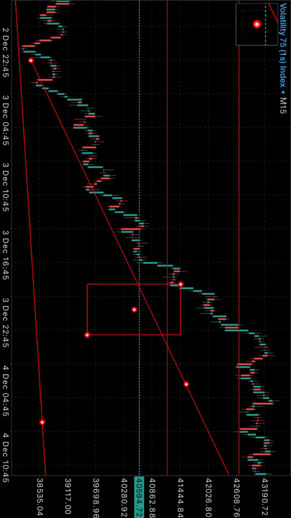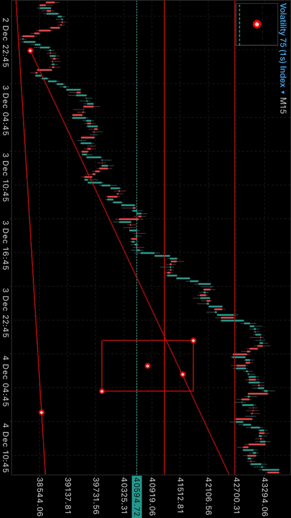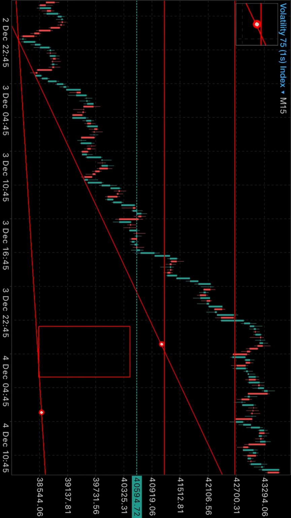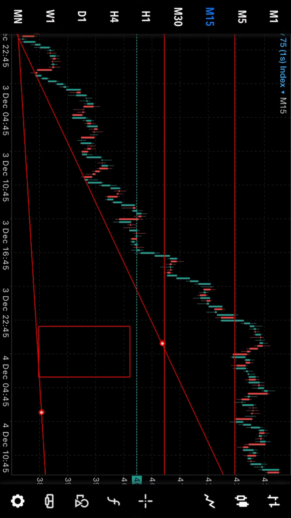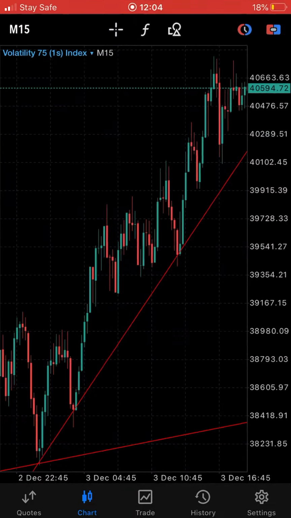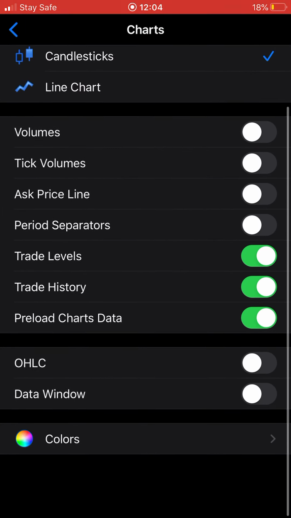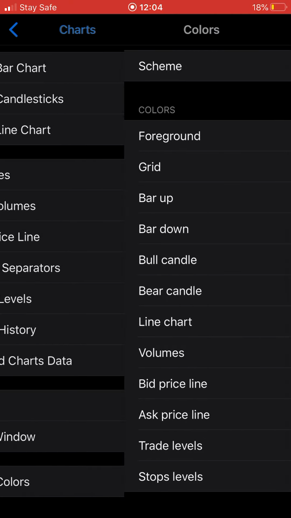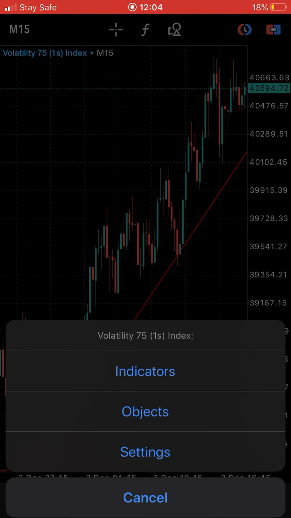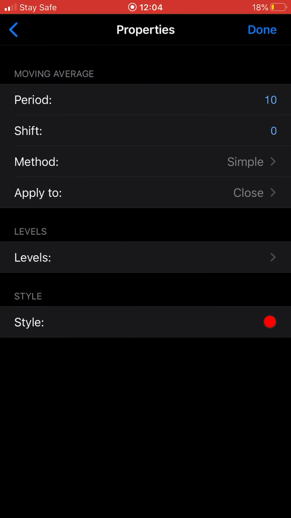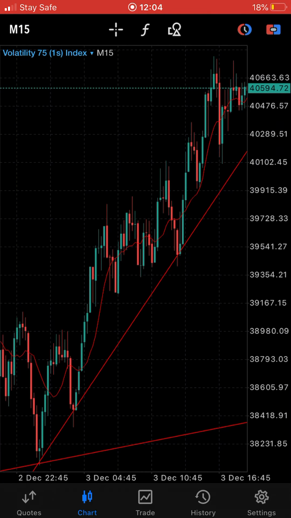Talking about candlesticks, let's go to candlesticks, or rather before that, another way to find the trend of a market without necessarily drawing the line, like I did, is to go to your settings, come to indicators, main window, moving average. It tells you the trend of the market.